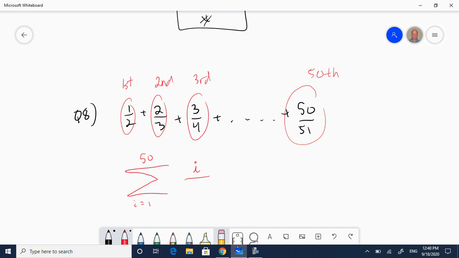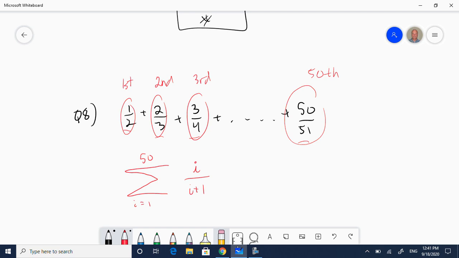So if my first term is 1 over 2, I can represent that with i representing my term, but I could have an i plus 1 in here. That pattern follows all the way. The denominator is 1 integer higher than the numerator in each case. And that's how we would write that.